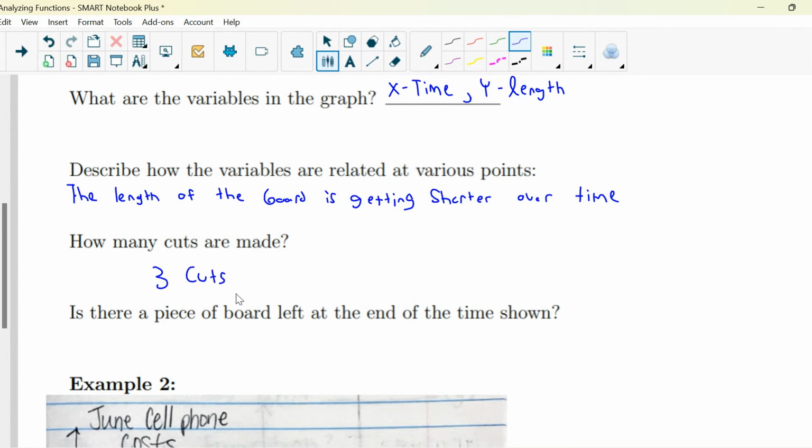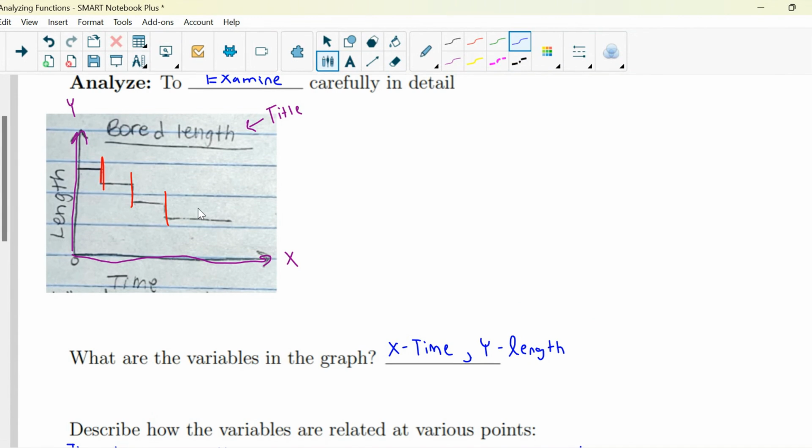Is there a piece of board left at the end of the time shown? Let's go back up here. At the end of the time shown, it ends right there. At this point where it ends, it does appear that we still have some length remaining, because the length of our board hasn't hit the x-axis, it hasn't hit 0.